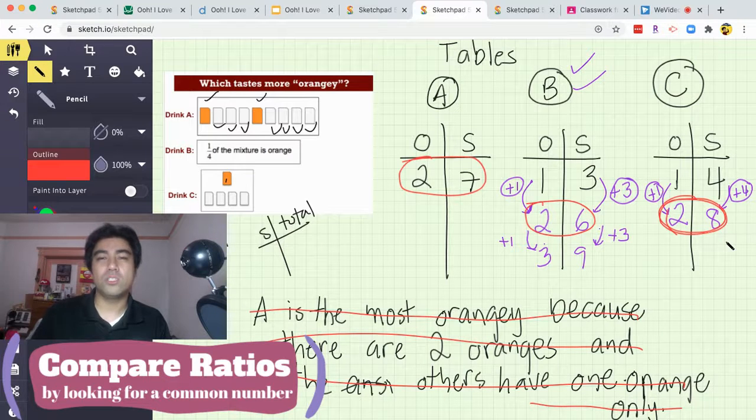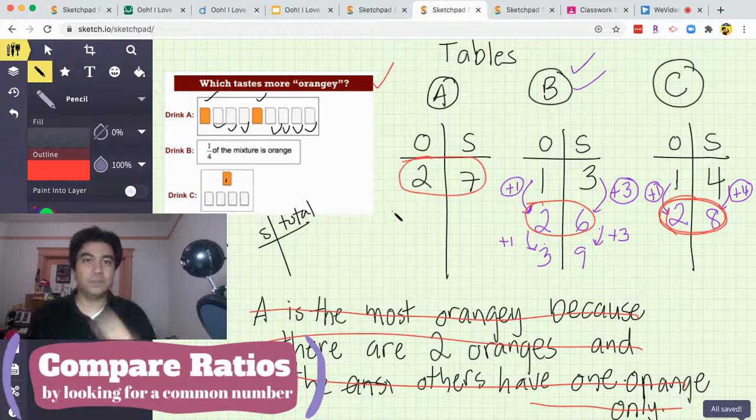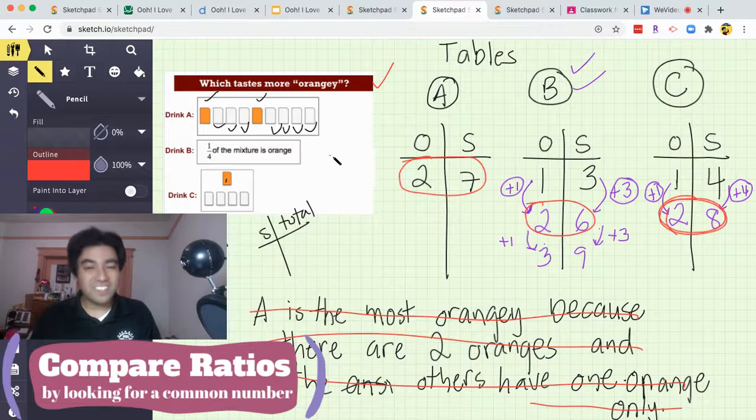Or 2 orange to 8 soda? Which one is going to taste the most orangey? So this is the question right here. The answer is going to be drink B. Drink B is going to taste the most orangey.